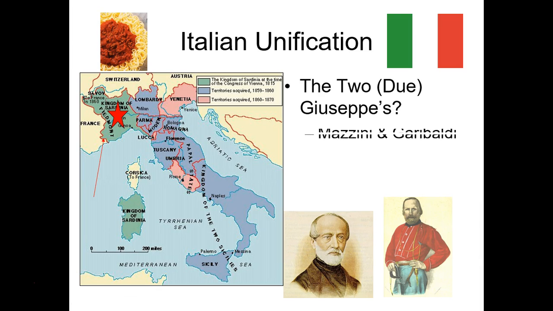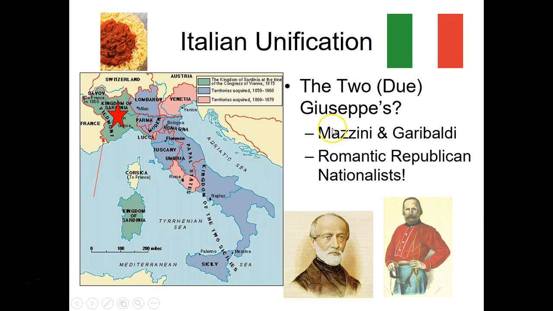This concept of Italian unification does not begin with Camillo Cavour. It really begins with this cat right here, the first of our two Giuseppes, and that is Giuseppe Mazzini. Giuseppe Mazzini, politician, journalist, really is the one that planted the seed for Italian unification before Cavour.